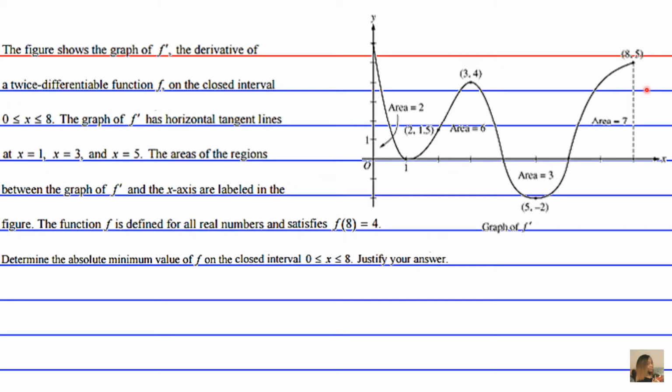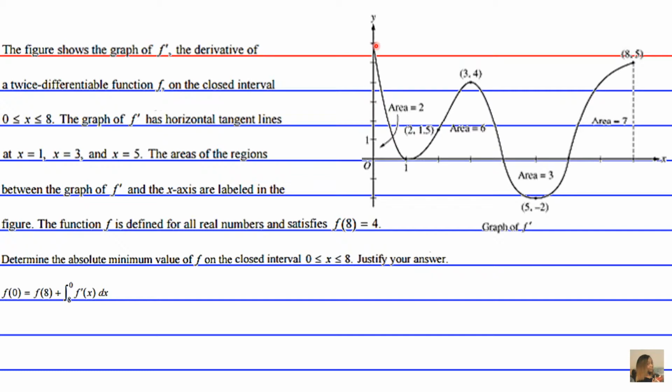So here, we know we have one local minimum, but now we're going to have to compare the value that we get here to the values at our endpoints, because there's a possibility that these might be minimum values also, okay? All right, so the first thing that we're going to do is determine f of 0, our starting point for our closed interval.